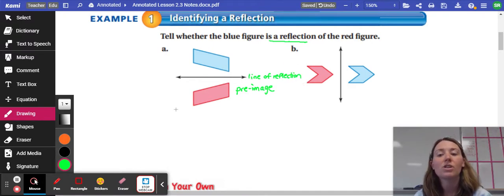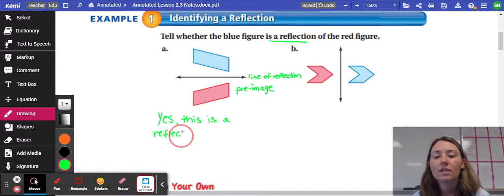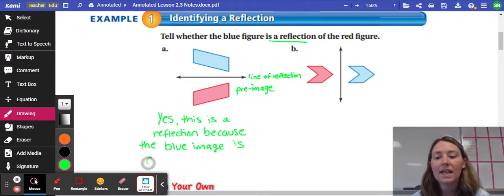That is a mirror image. So this would say, yes, this is a reflection. Because the blue image is a mirror of the red.